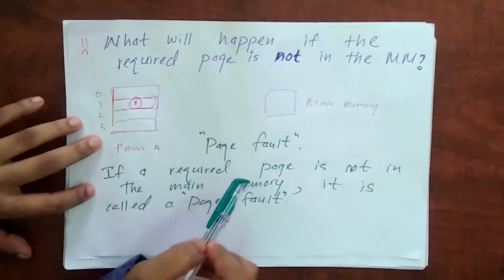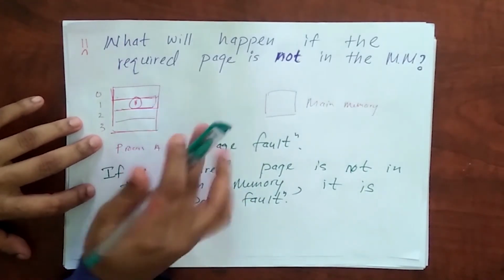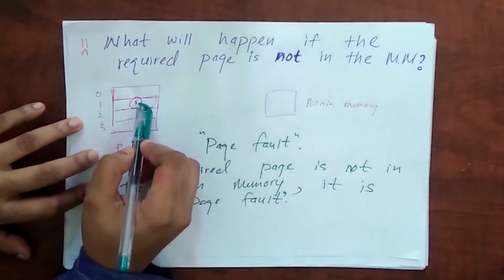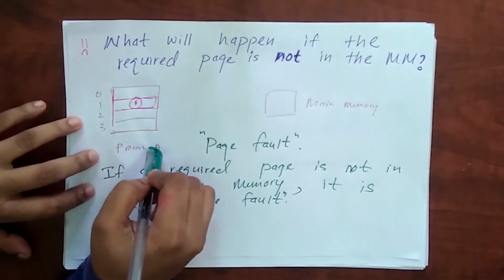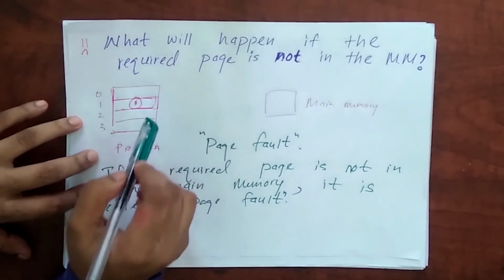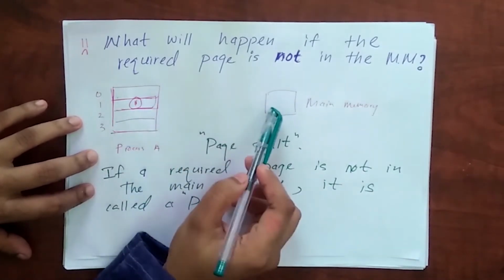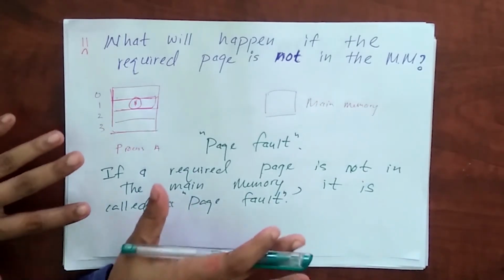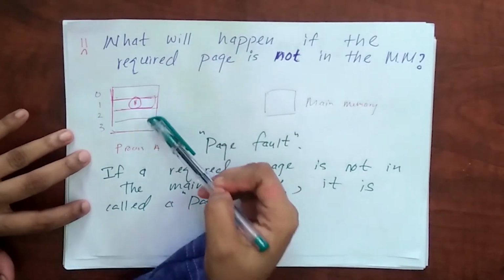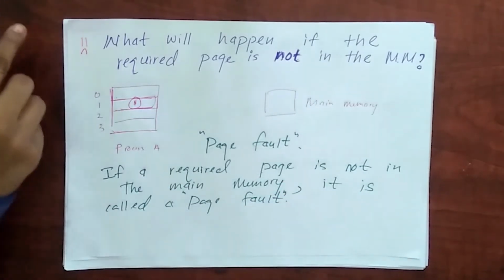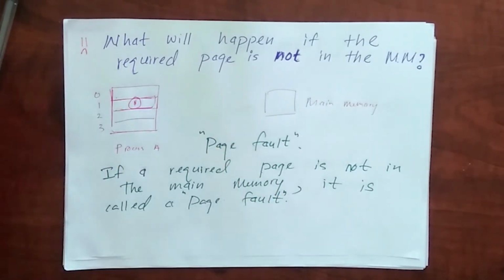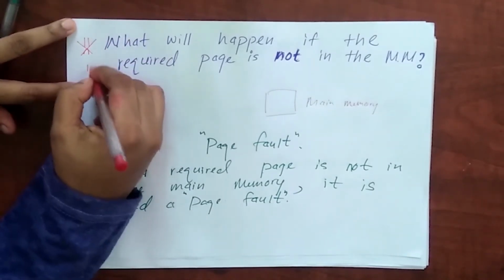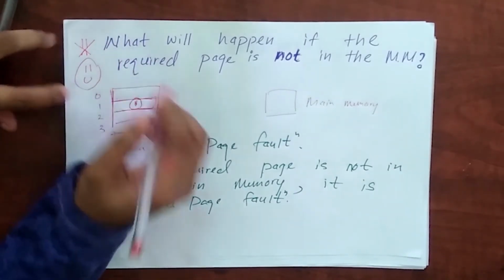When the OS gets to know that the particular page is not in the main memory, it will find the particular page in the particular process and load the page to the main memory from the secondary memory. So that is what happens when the required page is not in the main memory, and this is called a page fault. So now we have the answer for this as well.